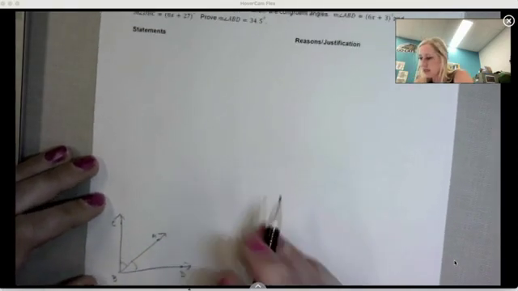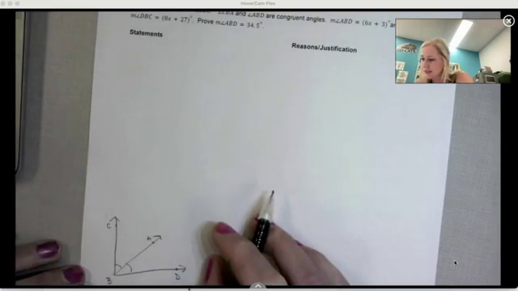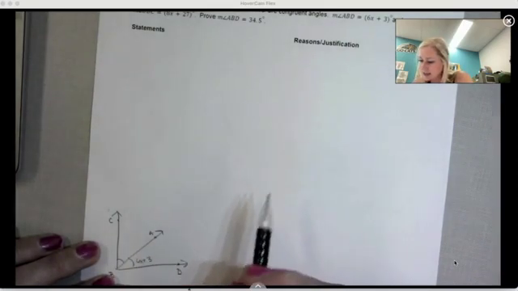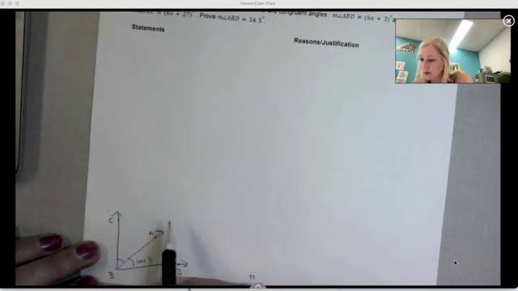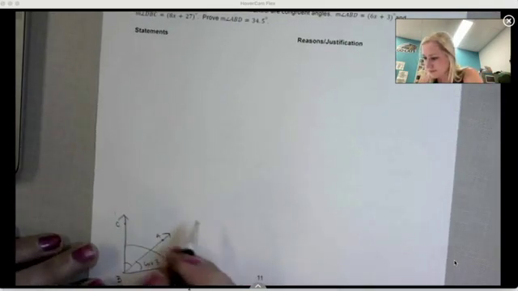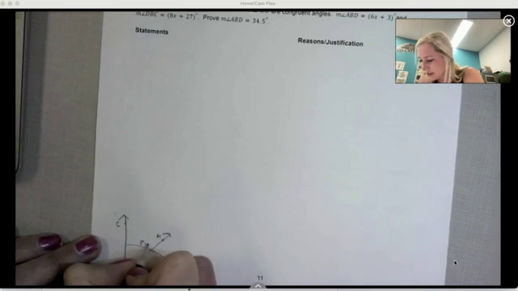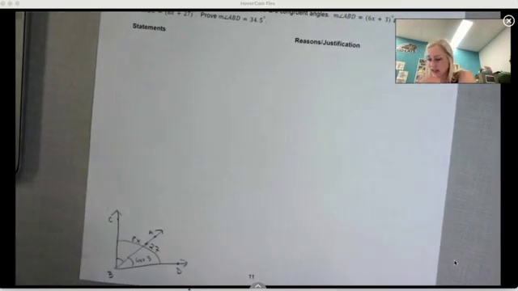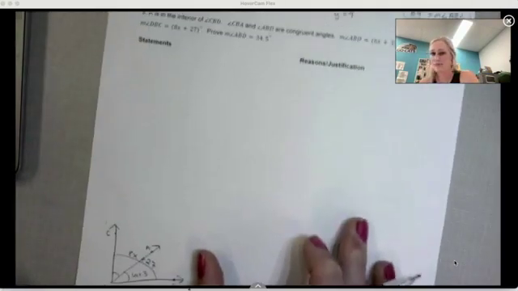Okay. Let's see, they're telling me ABD is 6x plus 3, and DBC, the whole thing, is 8x plus 27. Prove ABD is 34 degrees. Okay, so again, we gotta find x.